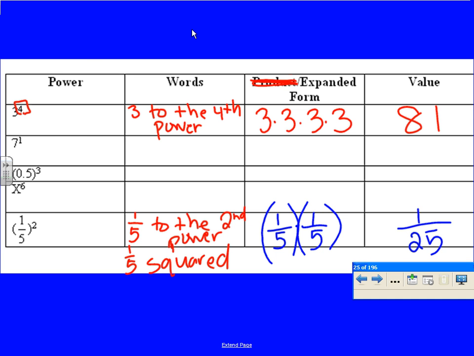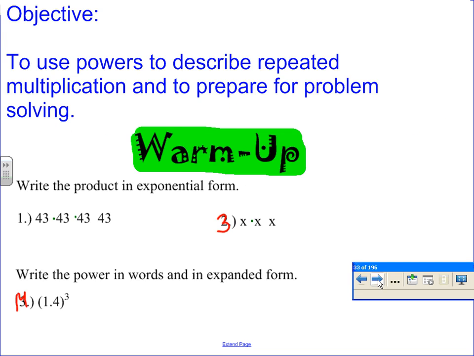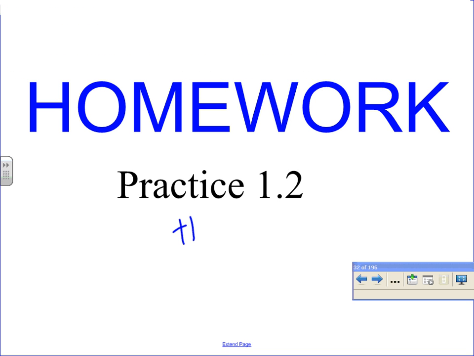Okay, and I need everyone to open up your homework packet to 1.2. And carefully pay attention because you're not doing the whole thing. I want you to do numbers 1 through 20, which is just the first page.